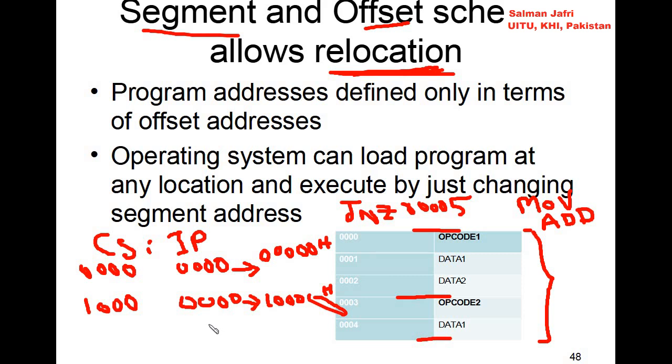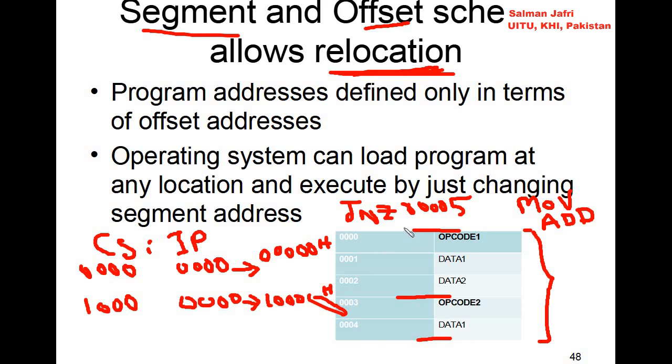So Intel arrived at a clever idea: they did not define addresses in terms of physical addresses, they defined addresses in terms of the offset address. So whatever may be the physical address, the offset address would remain the same. For example, 0005 offset address would always mean that we would be jumping to the offset address 0005. It might be in segment 0000H, it might be in segment 1000H.